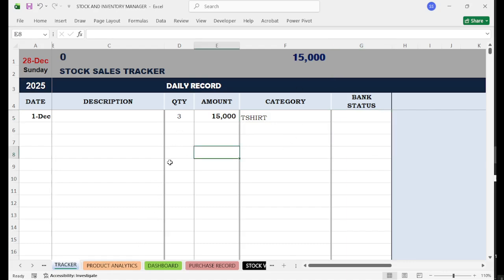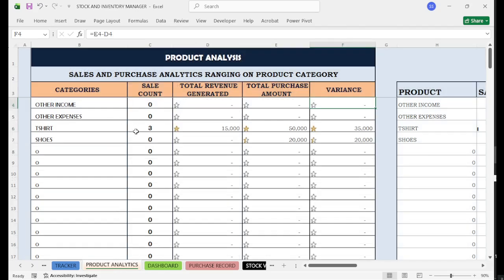Then, this is the product analytics here. It says sale count. You sold 3 t-shirts, 15,000 naira has been made, and the total purchase amount for t-shirt is 50,000 that you've spent. The revenue you've made for t-shirt is 15,000, the variance 35,000 naira.